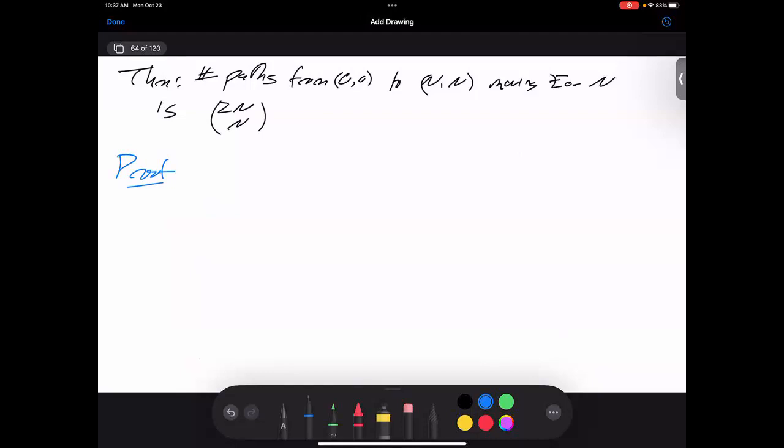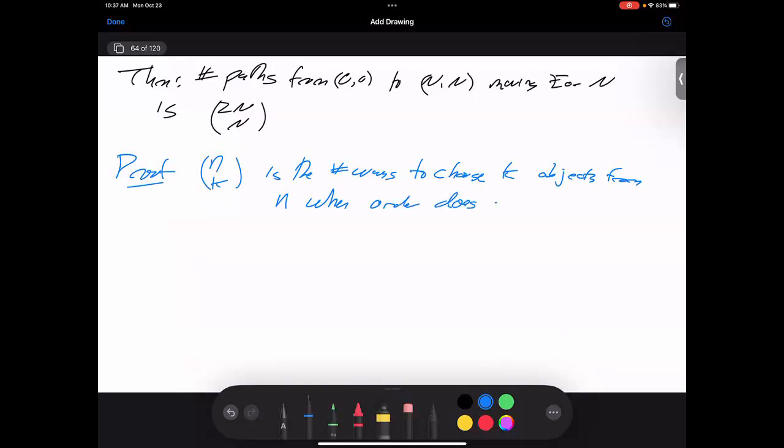So the proof is the following. Is everybody familiar with n choose k? N choose k is the number of ways to choose k objects from n when order does not matter. Is everybody comfortable with that?